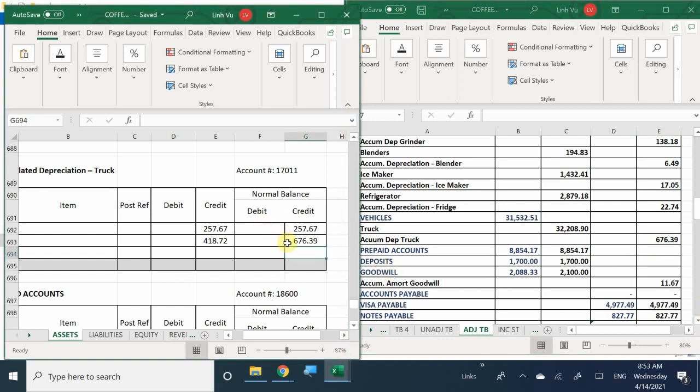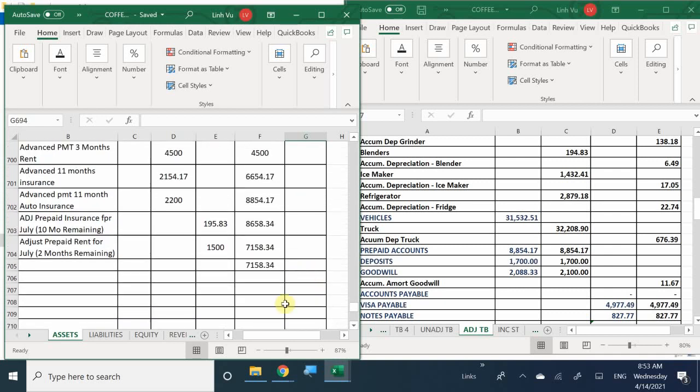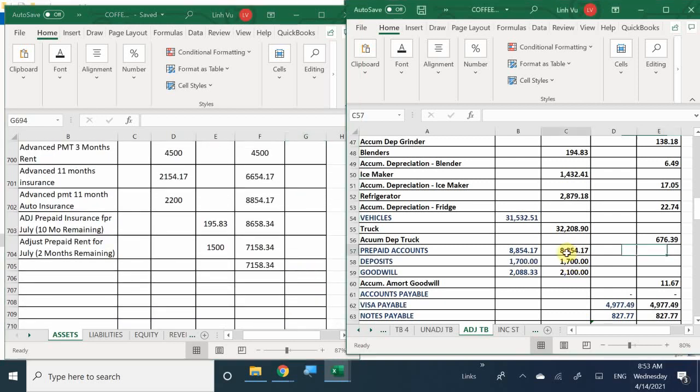Good. Let's see. What about prepaid accounts? What is my prepaid account now? Down to 715834.